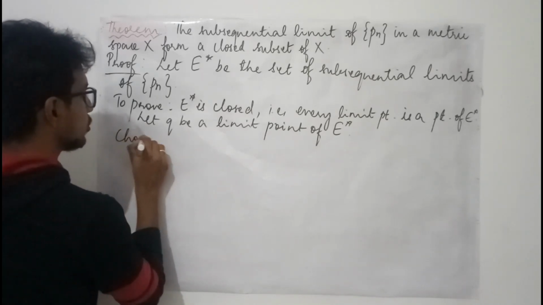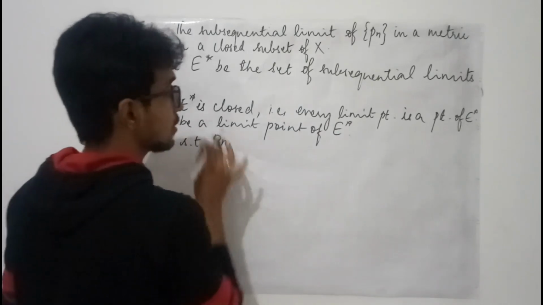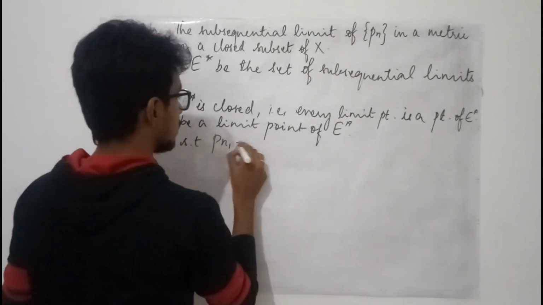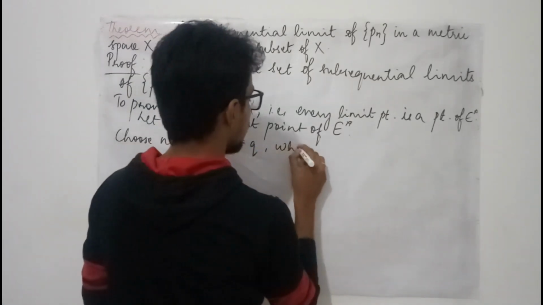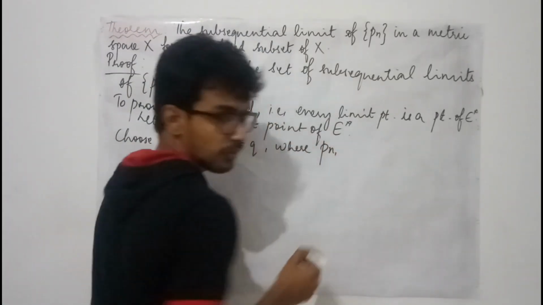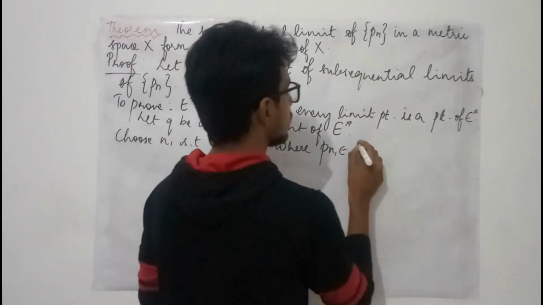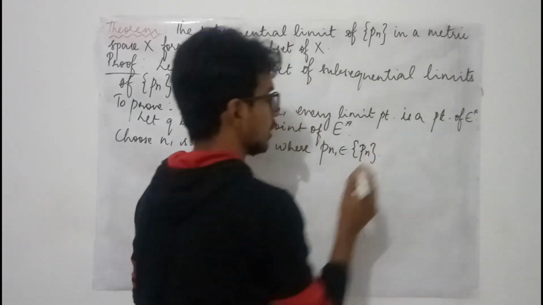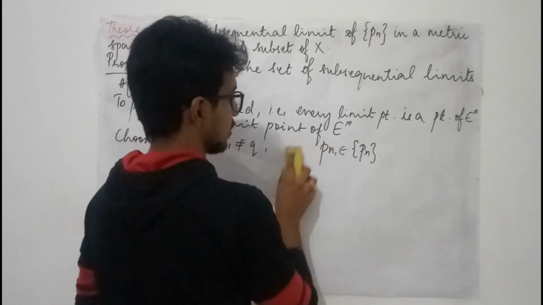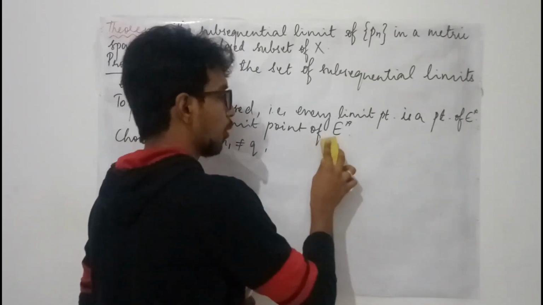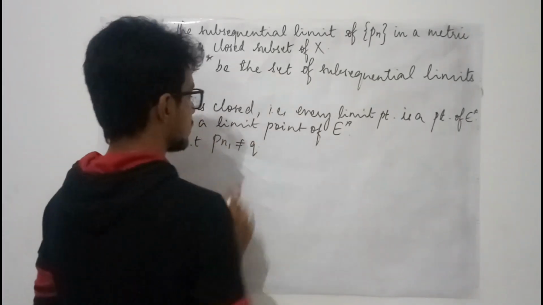Next I am going to choose some n1 such that Pn1, a member of the sequence, is not the same as Q. Where do we choose this? It is in this sequence only. We are choosing a point from the sequence and it is not the same as Q.